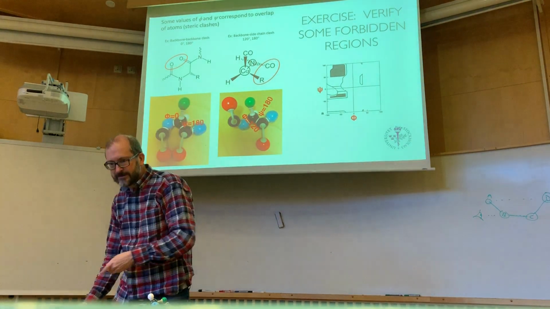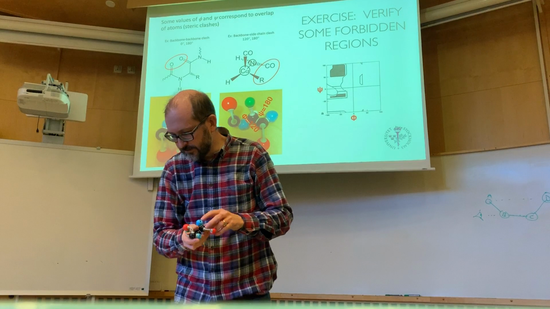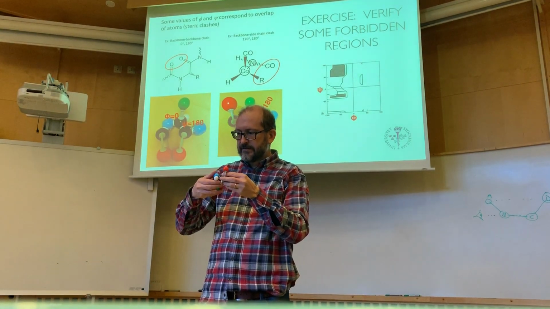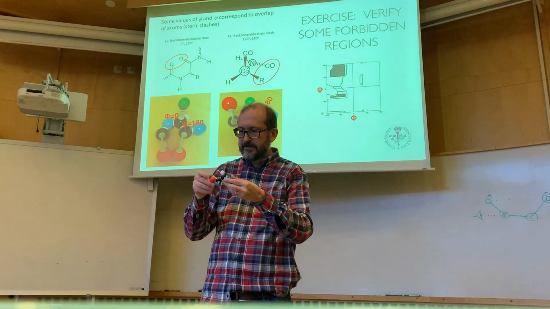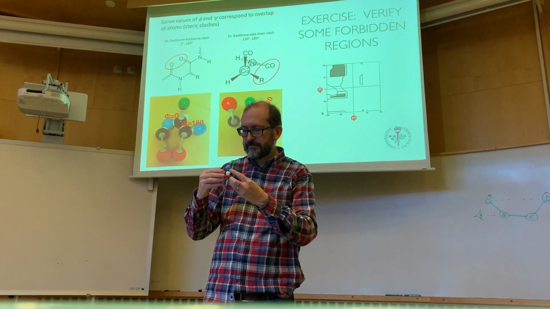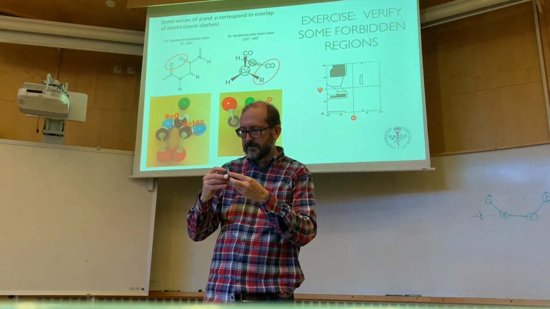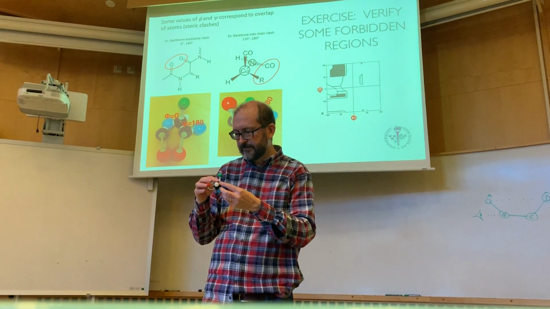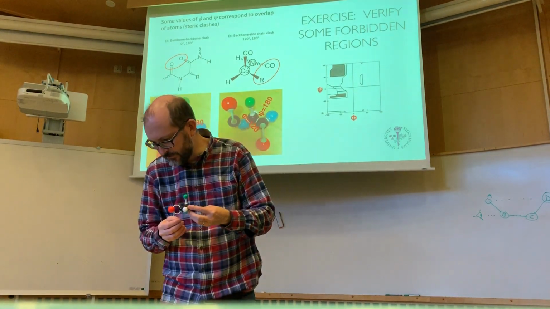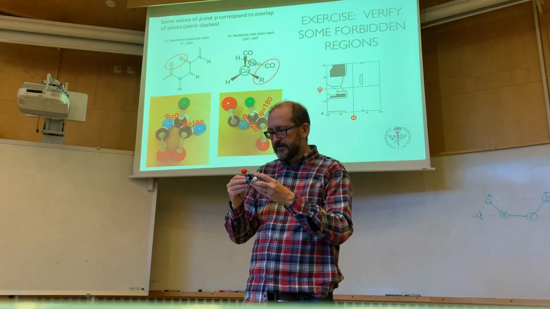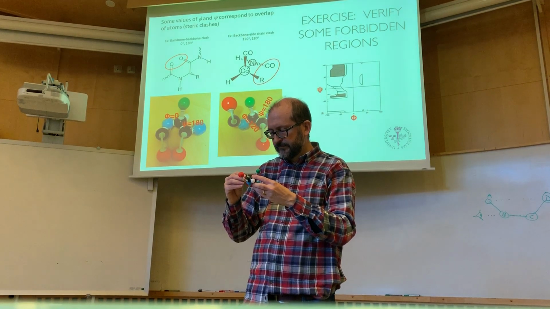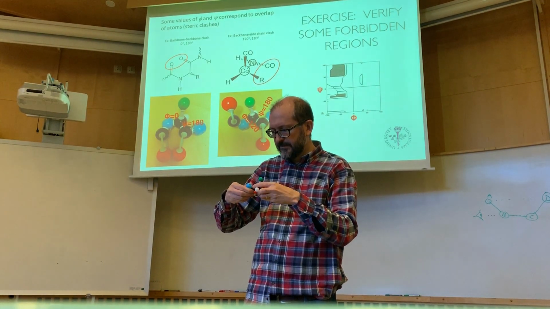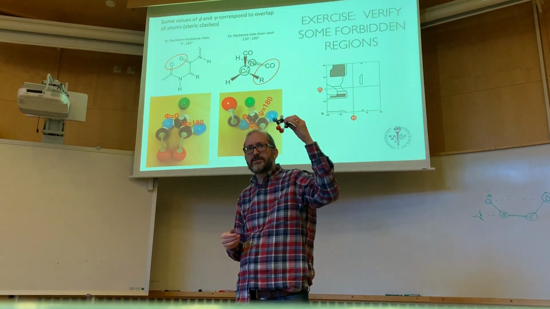Okay, well, here's the image I was telling you about. So we said that if we do phi equals 0, so that would be like this, phi equals 0 and psi equals 180, you end up like this, and you get the two oxygens right next to each other.